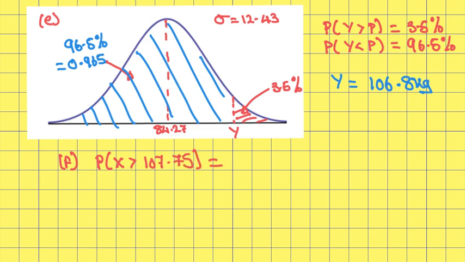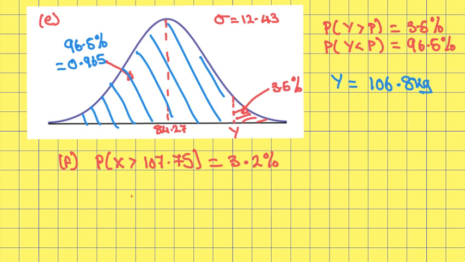And if I do that on the calculator, I get the answer 3.2%. That means I need to find 3.2% of 107,979.